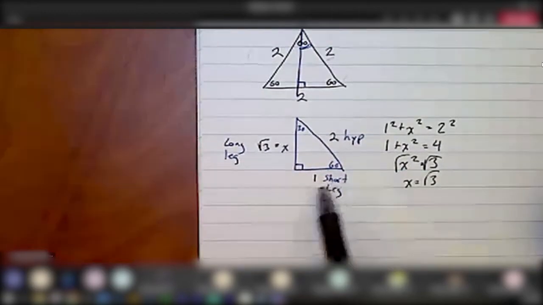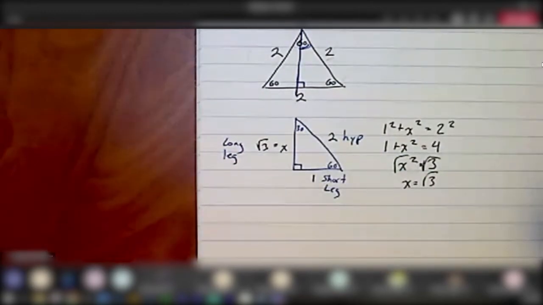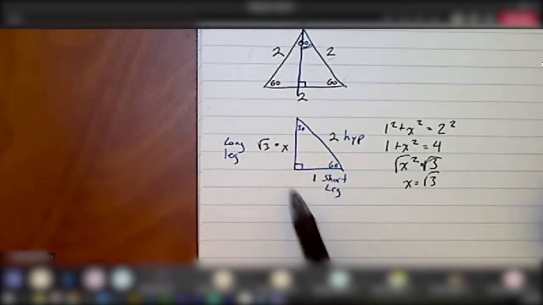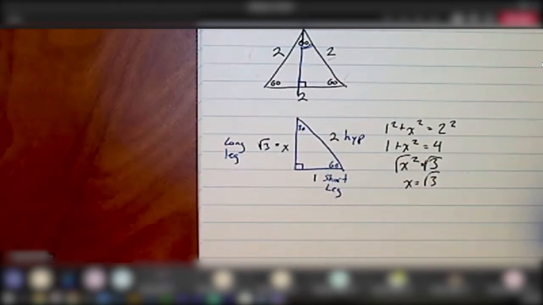So now my numbers up here are 1, 2, and the square root of 3. Again, I want to keep things simple. The easiest number for me to work with in math is this 1. So this triangle all revolves around knowing the short leg. If you know the short leg, that's great. If you don't know the short leg, the first thing you want to do is find the short leg.